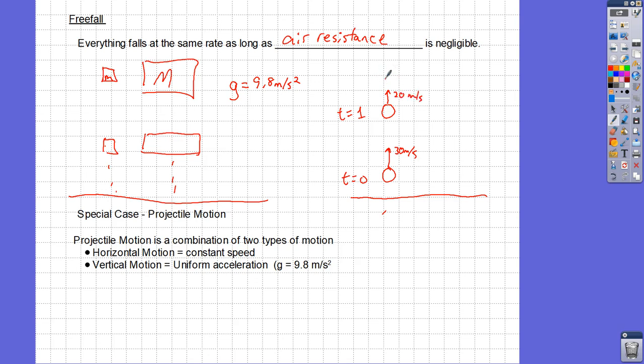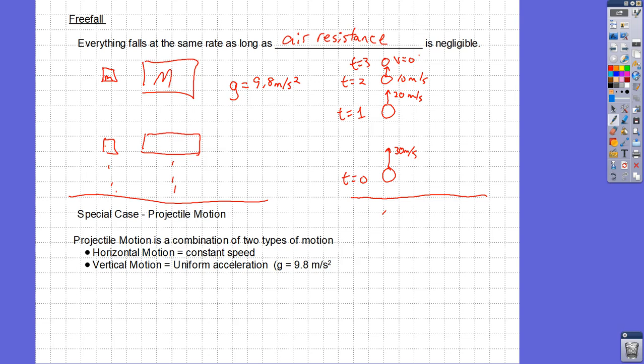And then at t equals 2, it's going to be going 10 meters per second. And of course at t equals 3, the velocity is going to equal 0. Okay. So remember, that's what free fall is all about.